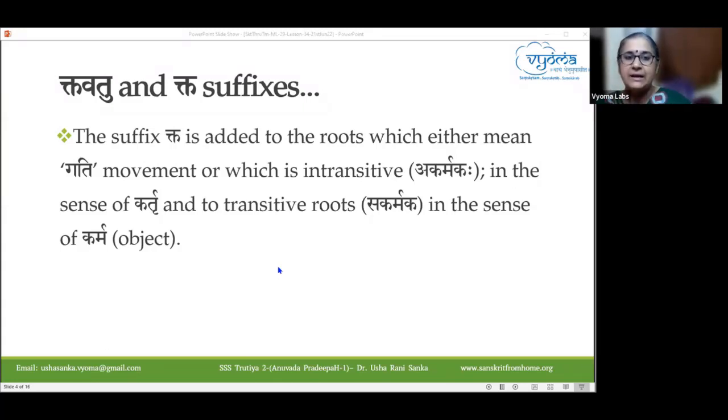That's the first criterion. The second criterion is gatyarthakas, and some jnanarthakas also are there. That list is there. There are some 5 kinds of roots which will take this kta in the form of kartru. Okay, that is the place where we get a little confused. When we want to give an example, that's what happens with me. Gam dhatu is my favorite, so I choose it.